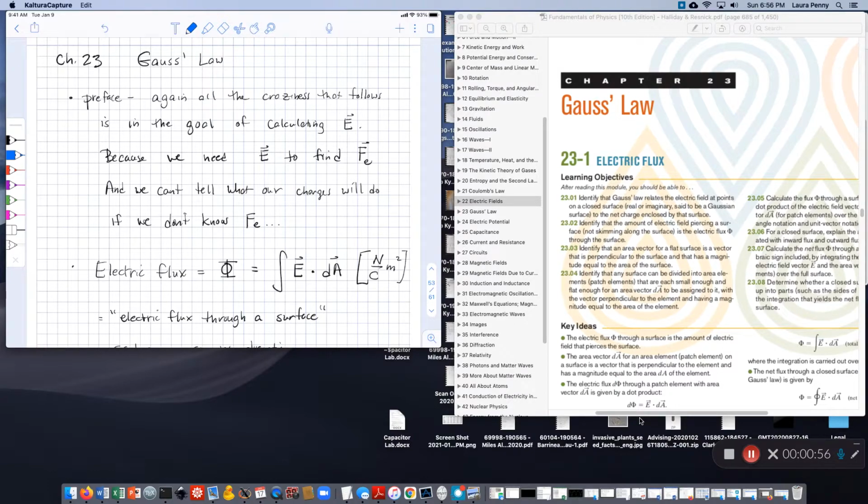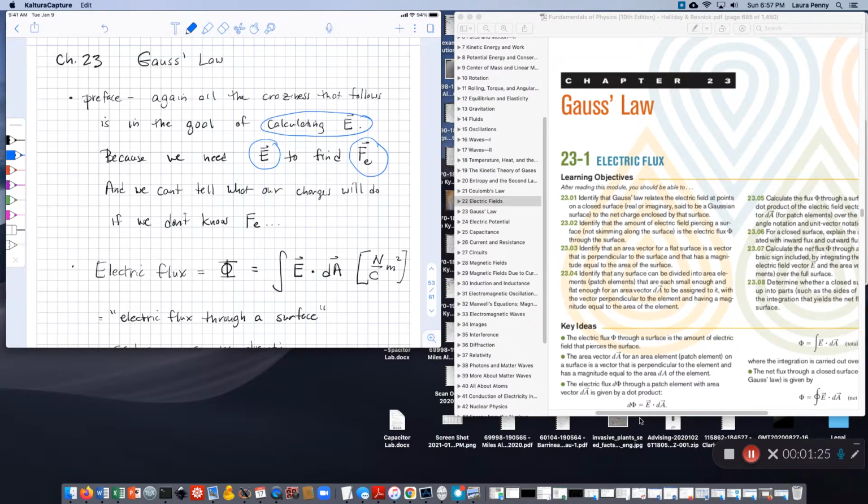So I just want to preface that the reason we're doing this chapter this semester is we're trying to get the electric field. We want to calculate the electric field because we need the electric field to be able to say what the electric force is on a charged particle. So we're trying to figure out ways that we can use these bizarre rules of electromagnetism so that we can get the electric field at some point.